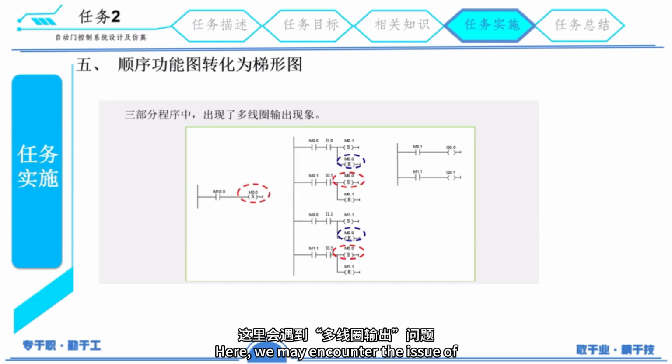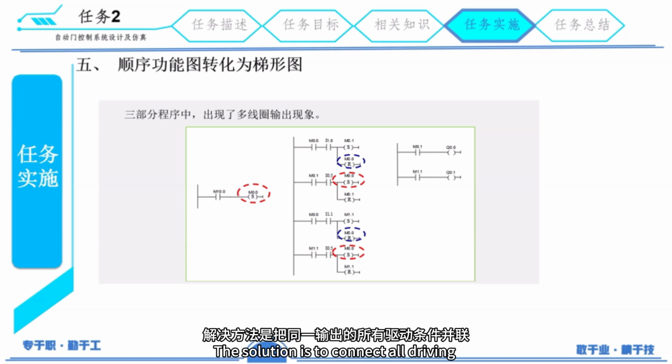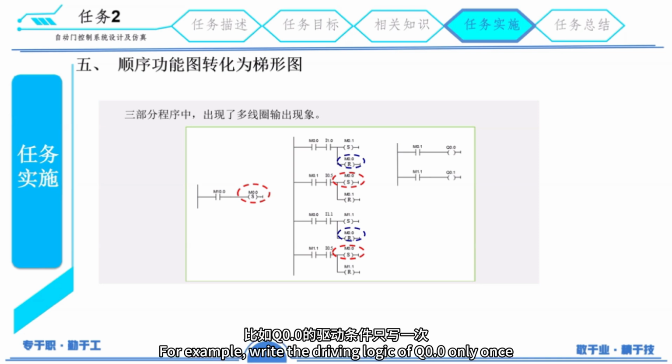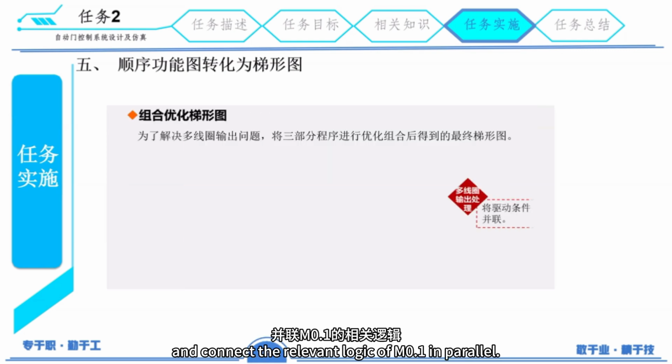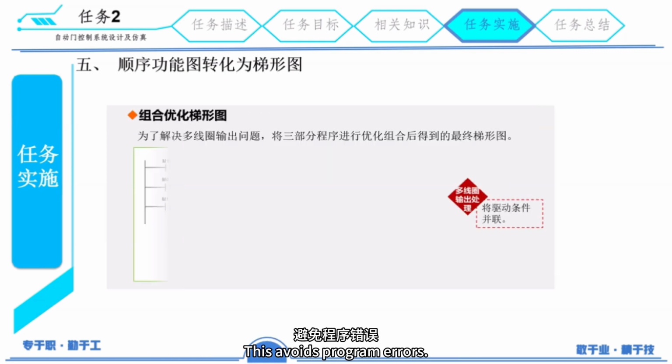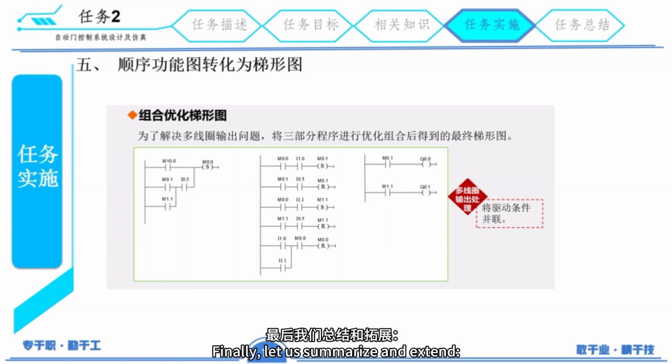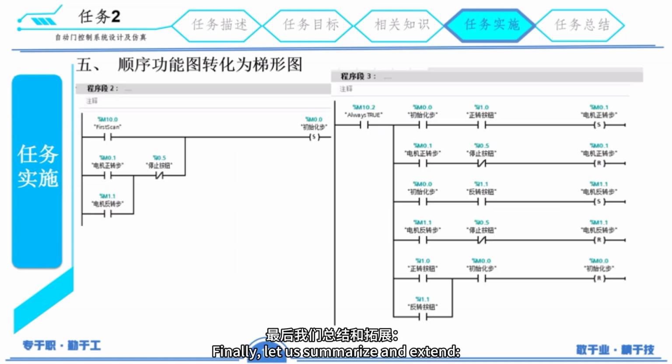Here, we may encounter the issue of multiple coils driving one output. That is, the same output appears in different program segments. The solution is to connect all driving conditions of the same output in parallel. For example, write the driving logic of Q0.0 only once and connect the relevant logic of M0.1 in parallel. This avoids program errors.